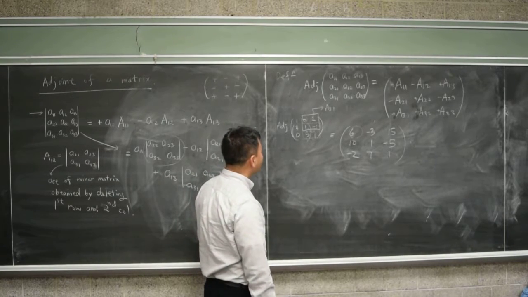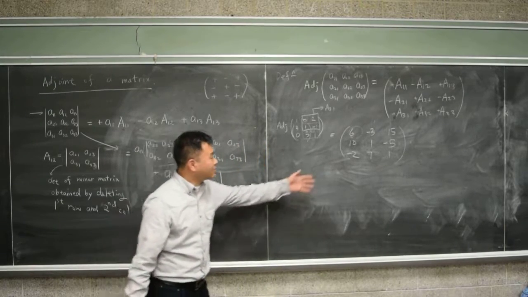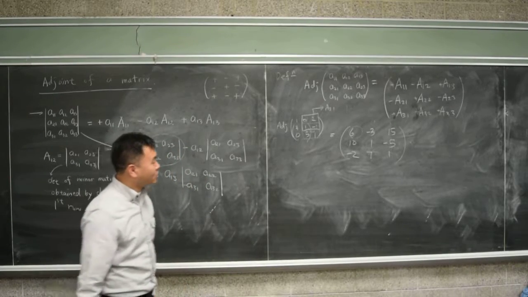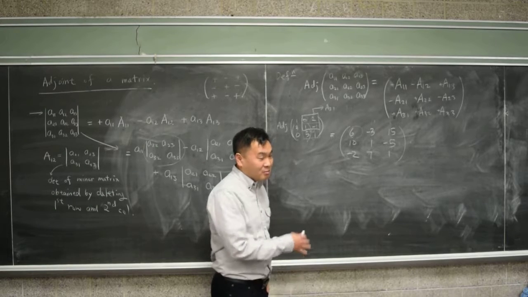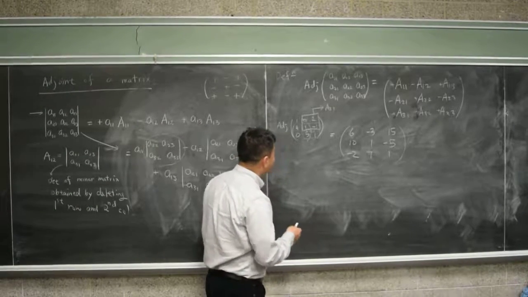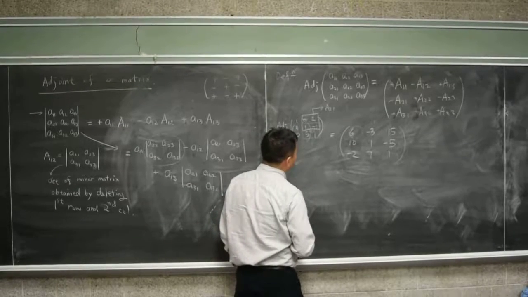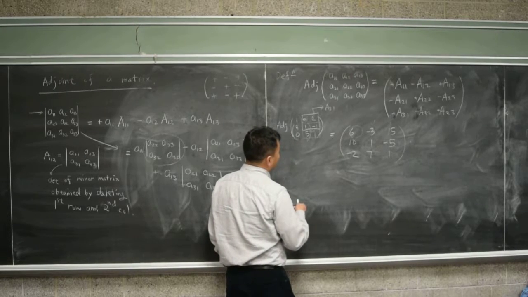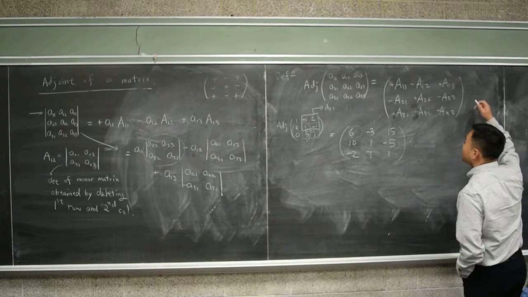All right. So what's the significance of the adjoint? Since I did so much work to get this, let's try to work with this. I'm going to explain why this happens. But sorry, there's one more thing I forgot.